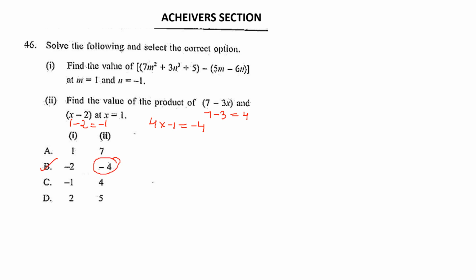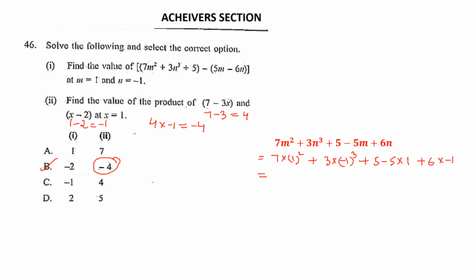But if you want to solve the first part, 7m square plus 3n cube plus 5, and if you open the bracket it will become minus 5m plus 6n, and now you have to substitute the value of m as 1 and n as minus 1. So it will become 7 into 1 whole square plus 3 into minus 1 whole cube plus 5, then minus 5 into 1 plus 6 into minus 1.